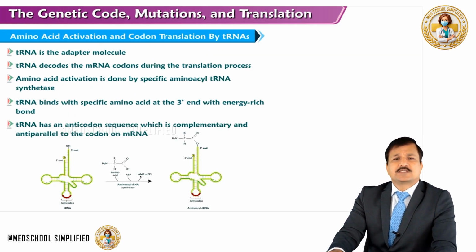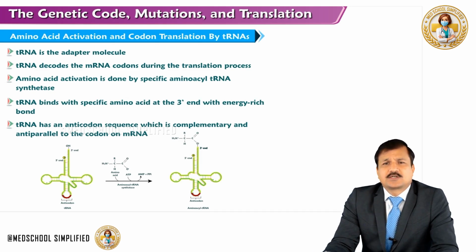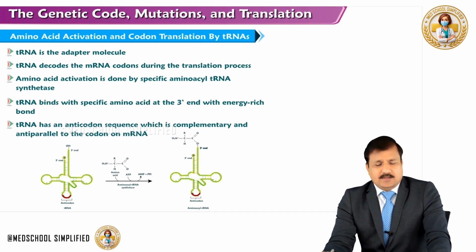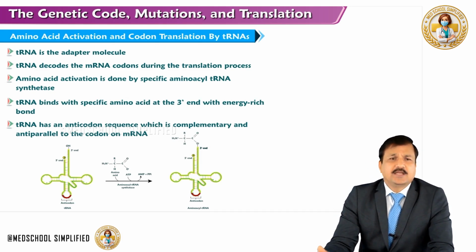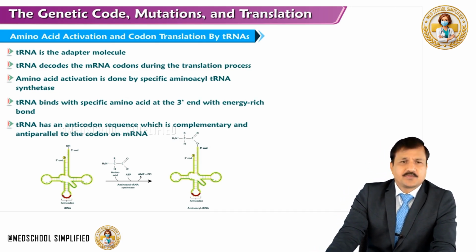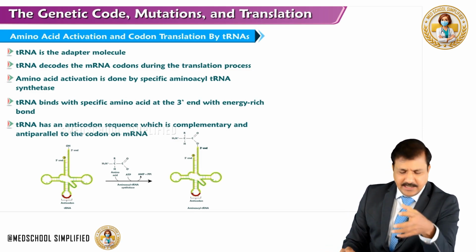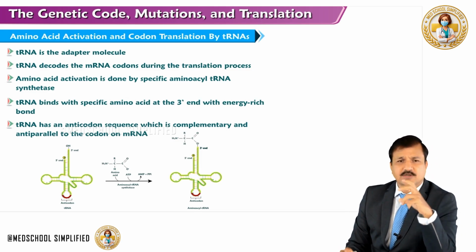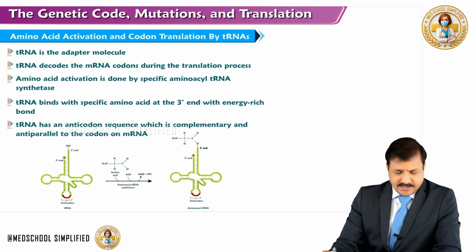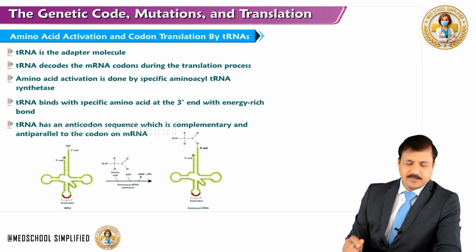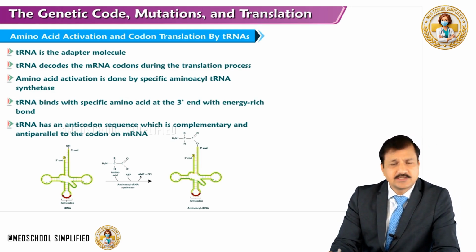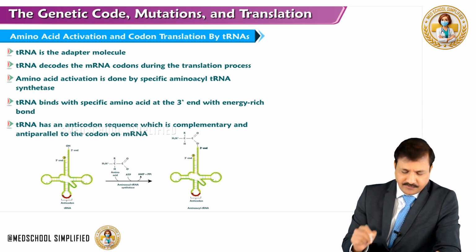Coming to amino acid activation and codon translation by tRNAs. tRNAs are the adaptor molecules. They decode mRNA codons during the translation process. Once an amino acid is activated, the tRNA binds with a specific amino acid at the 3' end with an energy-rich bond, as shown here in the figure.